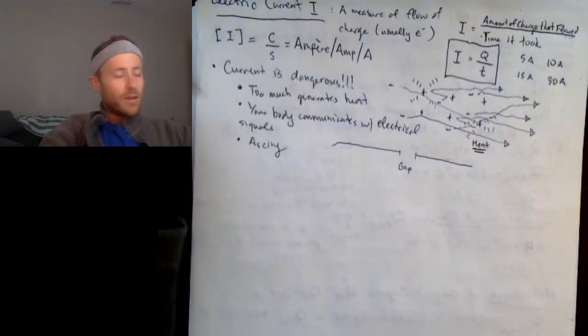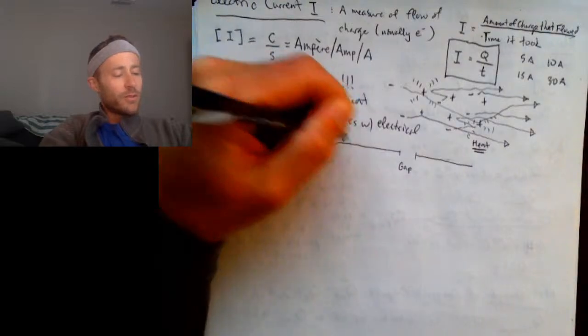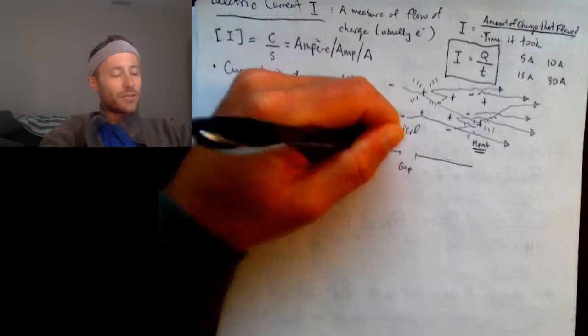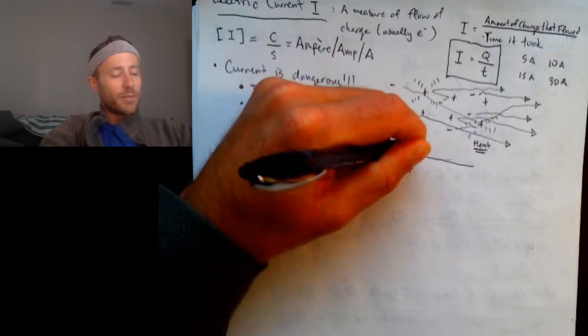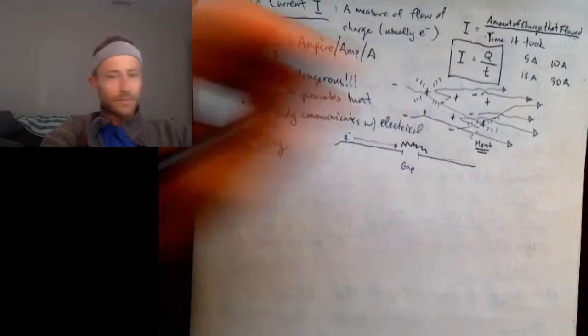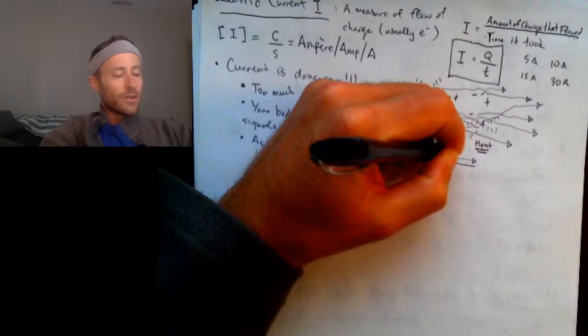Maybe an electron is flowing down the wire, and if the gap is small enough, it can jump the gap, which is called arcing, and then continue along its way.